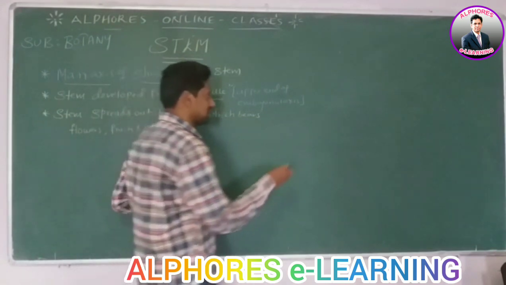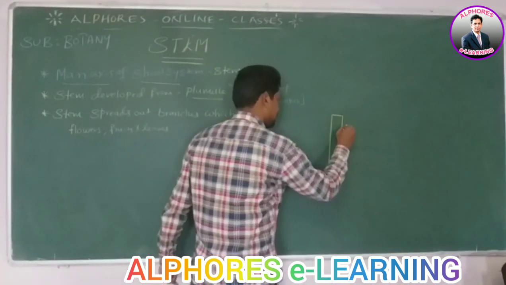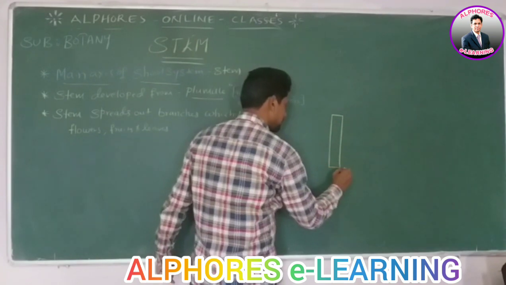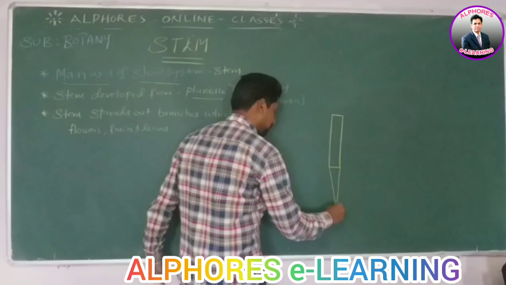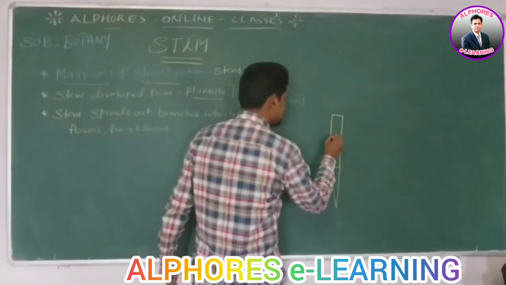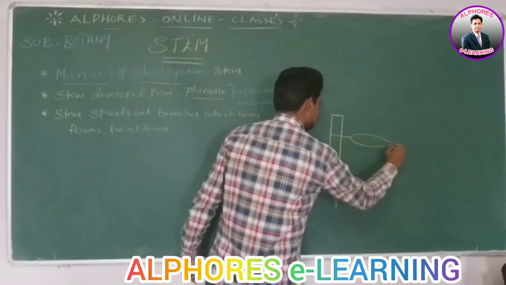Now listen to this statement. Sir, this is a stem, right? This is a stem, whereas this is root. This is a node, sir. From this node, what is developed? Leaf is developed.